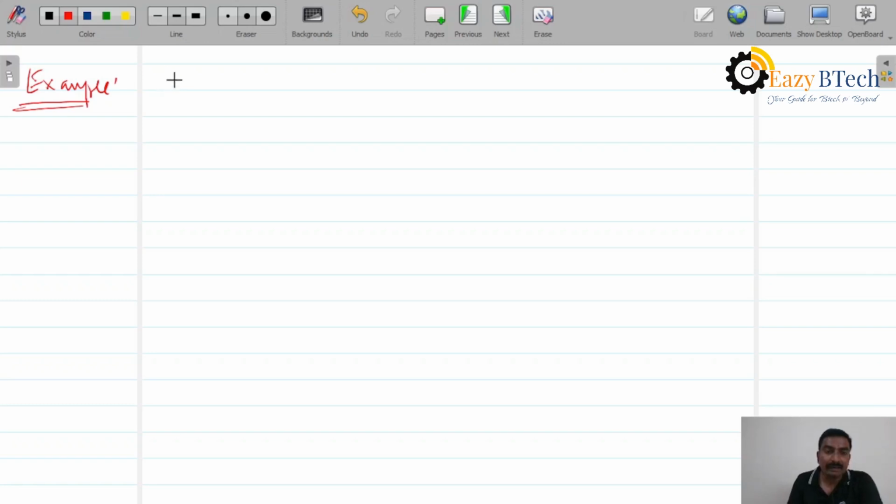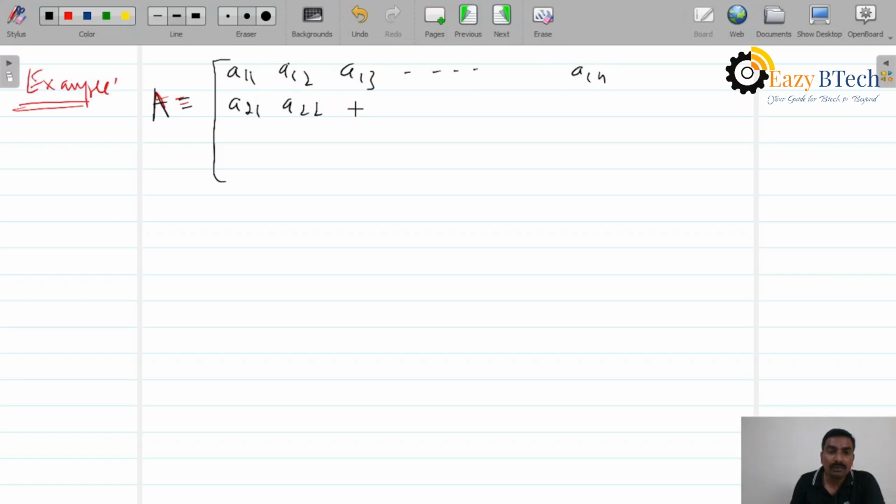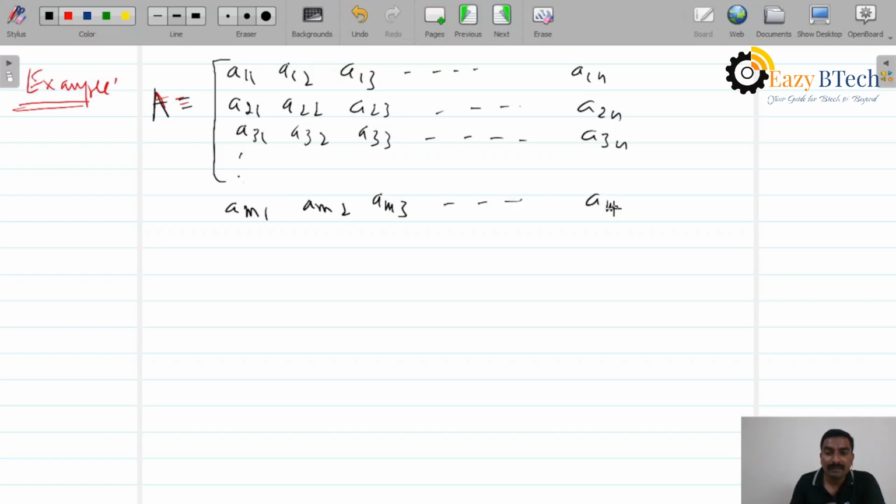Suppose for example capital A equals, as I already told you, in general the matrix is denoted by a11, a12, a13 and so on up to a1n; a21, a22, a23 and so on up to a2n; similarly a31, a32, a33 and so on up to a3n; and similarly the last, the mth row, am1, am2, am3 and so on up to amn.